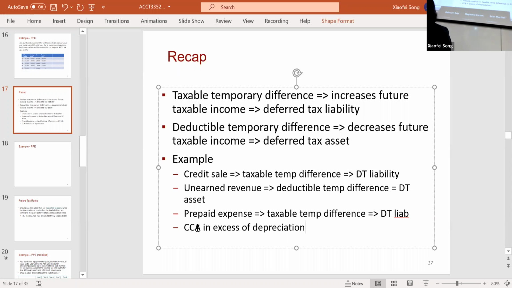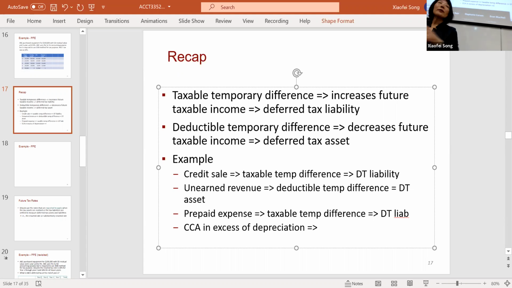So what kind of difference is this? If you deduct more for tax purposes this year than for accounting purposes, it's taxable, because in the future you will have less to deduct for tax purposes. So future taxable income will be more, right?